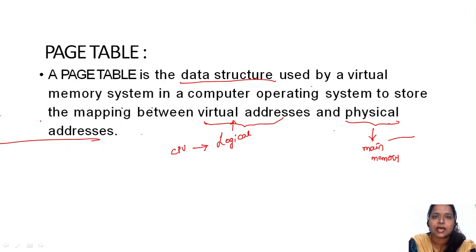Logical addresses are nothing but the CPU-generated addresses, and they have to be changed to the physical address, which is the actual address in main memory. So this is the definition of a page table.